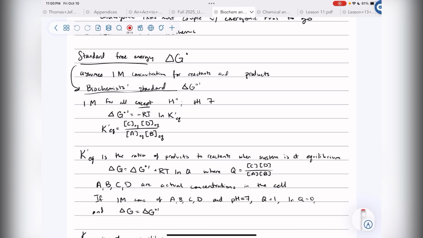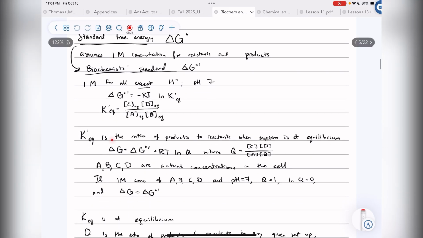When you have a 1 molar concentration for everything and a pH of 7, but not everything in the body is always going to be at this lab standard, like 1 molar concentration for everything. That'd be so weird.